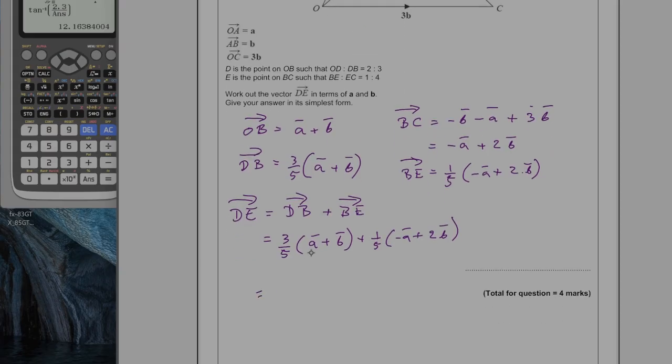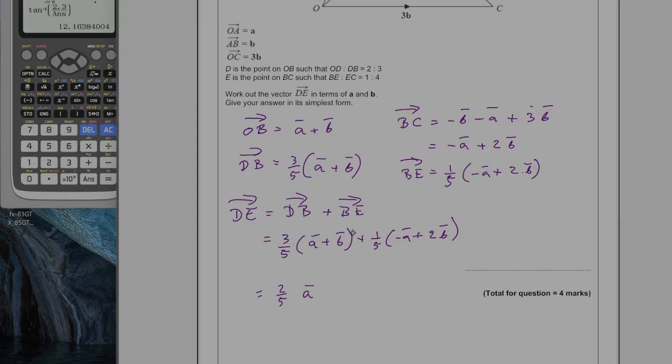Right, so 3/5 of a minus 1/5 of a is going to be 2/5 of a, and I might take a fifth out as a factor in a moment, but I'm going to do it just yet.